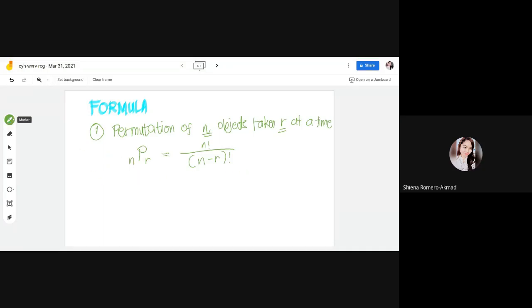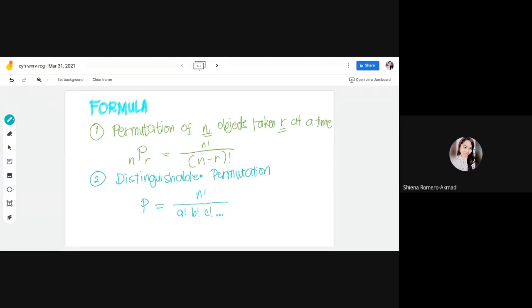Now, for number 2, we have another formula. Yung sa distinguishable permutation. So distinguishable permutation, we use the formula for permutation, which is n factorial divided by a factorial times b factorial times c factorial and so forth.